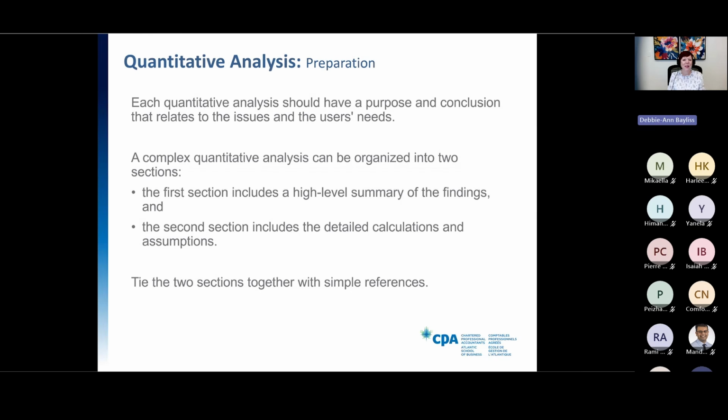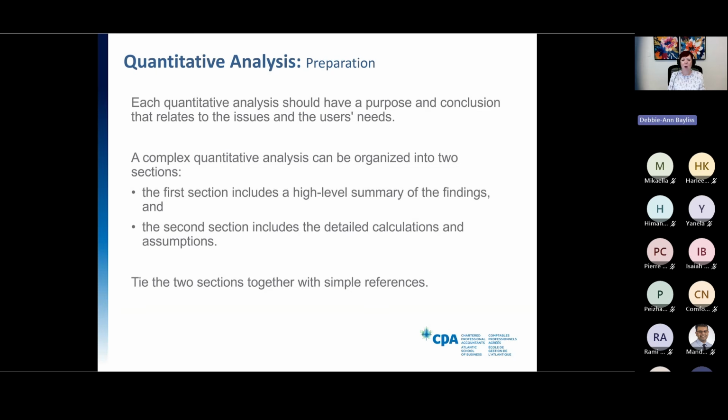When it comes to Excel, there's only one workable tab, so all of your calculations are performed in one tab. Therefore, it's really important that you include a purpose and a conclusion, and that should relate to what you're being asked to do and the user's needs.